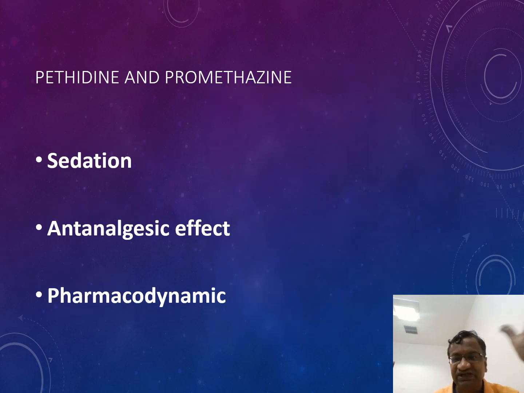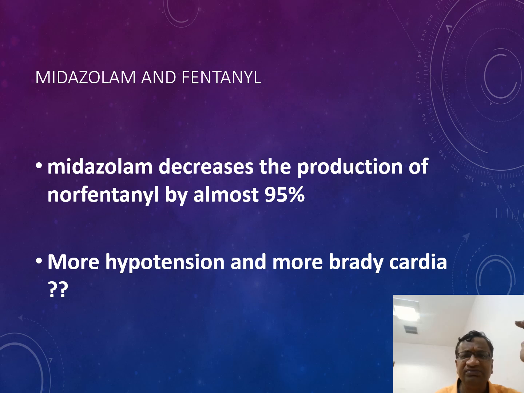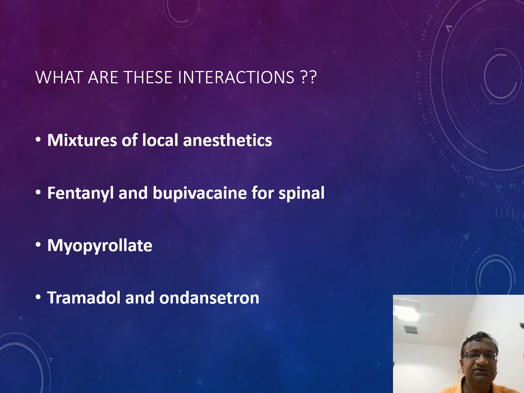Pethidine and promethazine, that's what many people used in those days. Pethidine causes sedation, but promethazine has some pain-decreasing effect; an antagonistic effect. So this is a pharmacodynamic interaction. Midazolam decreases the production of norfentanyl by almost 95%, with more hypotension and more bradycardia.